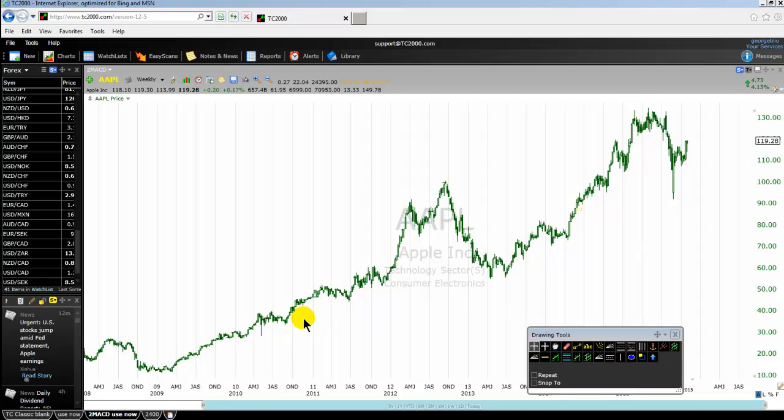But let's place the Pitchfork tool on this chart, and you will quickly identify the hot spot trading zones. The Pitchfork tool is a powerful tool that traders use to identify high probability trade setups.